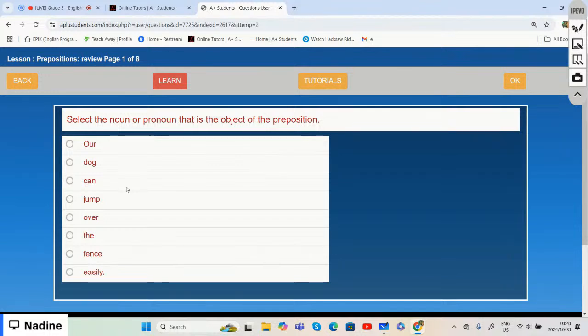All right. We need to select the noun or pronoun that is the object of the preposition. And remember, the object of the preposition comes after our preposition.